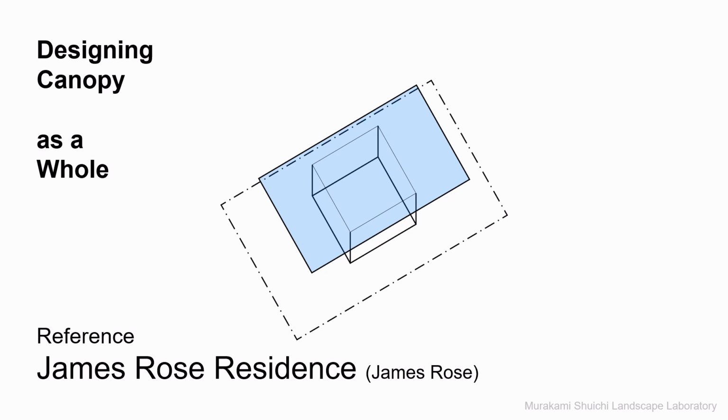The James Rose residence, one of James Rose's major works, originally linked three interior rooms with a series of wooden louvers that extended the canopy outward. Their shadows added delicate accents to the garden spaces between the rooms. Later renovations altered this feature, and the house now presents a different appearance.